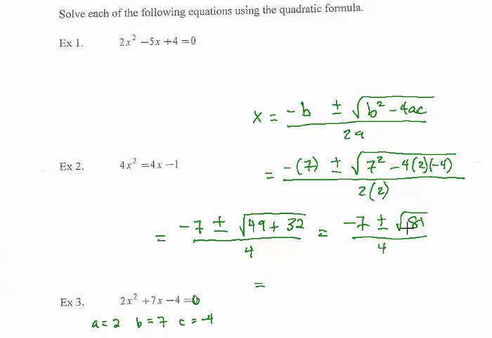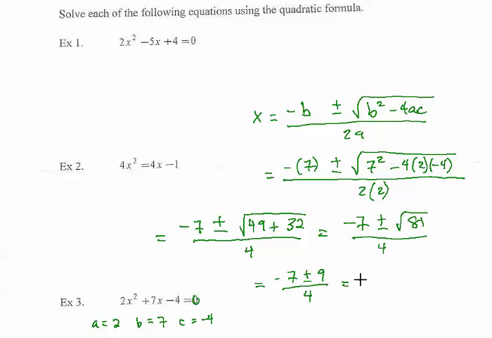Alright, so no negative inside the radical part, and so this is a real number, and 81 is actually a perfect square. So we end up with plus or minus 9 divided by 4.